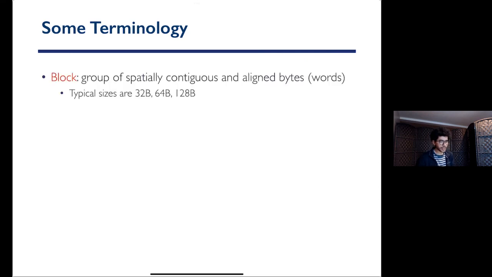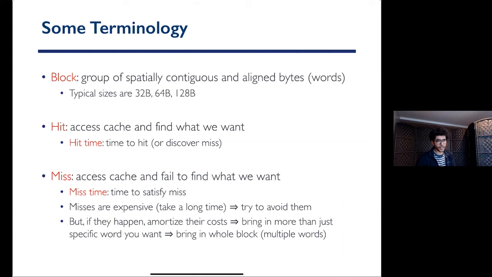So some terminology before ending today's lecture. When we're going to talk about cache in memory, we're going to talk about blocks. Now, a block is a single or multiple bytes in memory that are aligned.